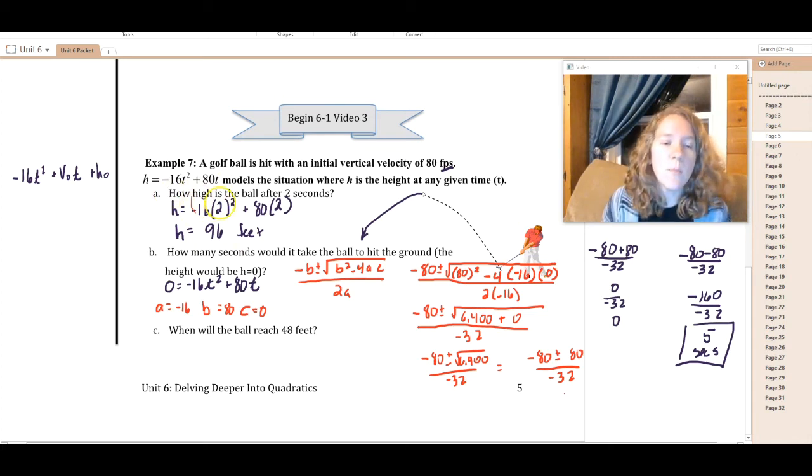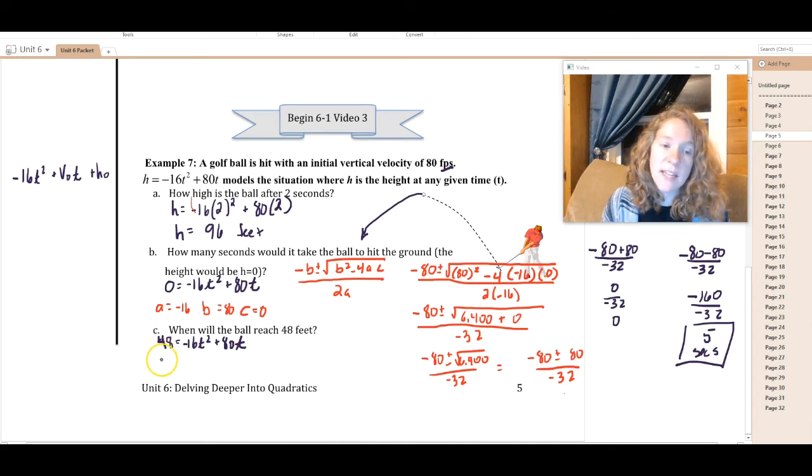Part C, when will the ball reach 48 feet? I'm going to do the same exact process except instead of my height being equal to 0, my height is going to be 48. I want to know when this ball will have a height of 48. Everything over here is still going to look the same.